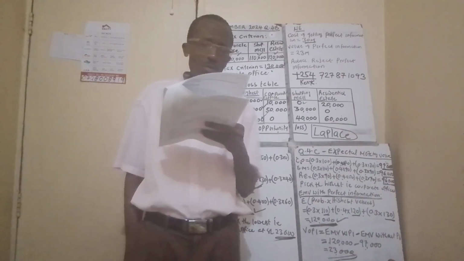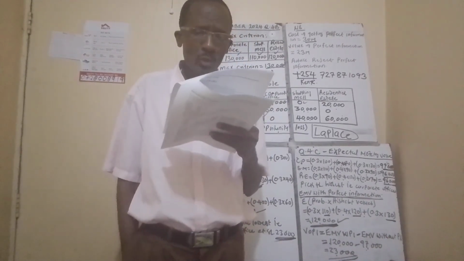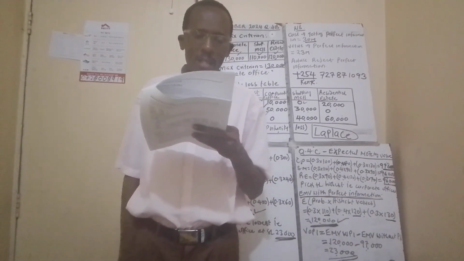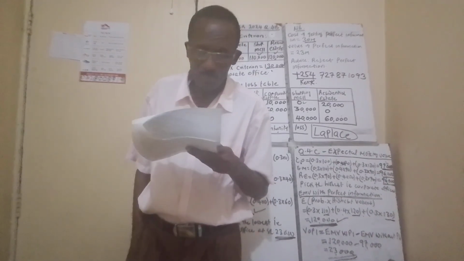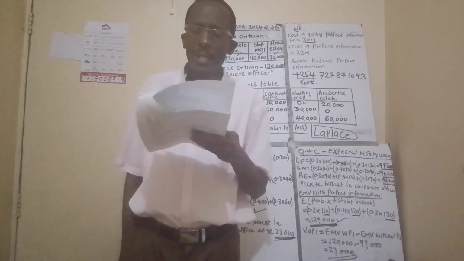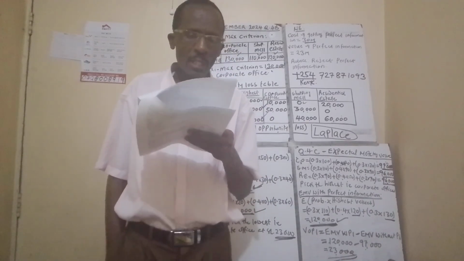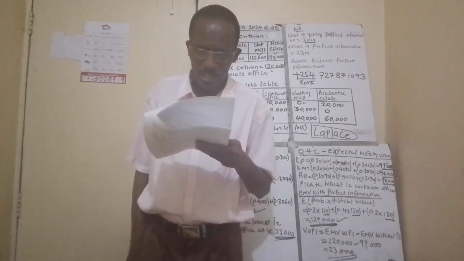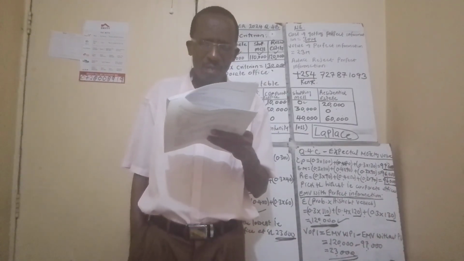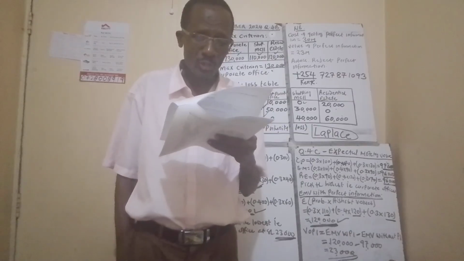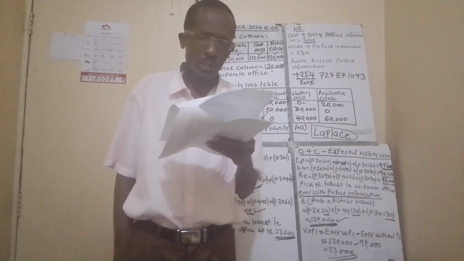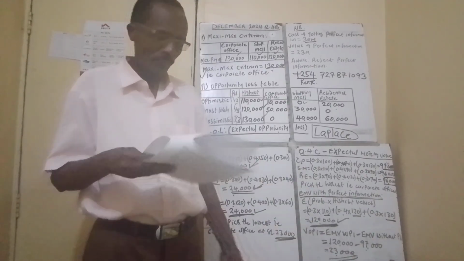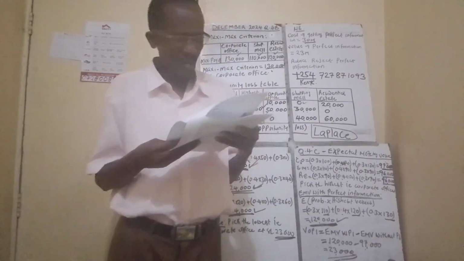The expected value of perfect information as used in decision theory is the price that one would be willing to pay so as to be able to get information. The value of perfect information is given by expected monetary value with perfect information minus expected monetary value without perfect information. We have done it here. So that is perfect information.